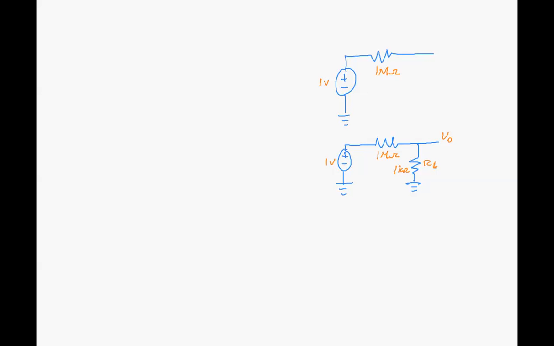So V out, we can find that by a divider. What is the value of V out in this case right here? So it's a divider. V out is 1K over 1K plus 1 mega ohm times 1 volt.